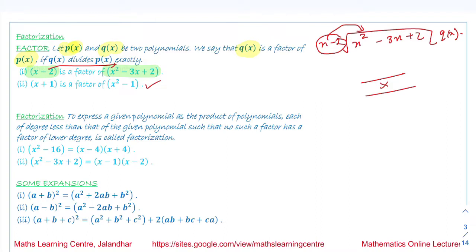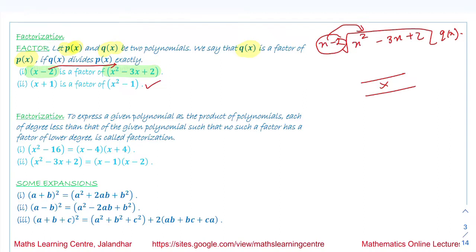Now the next thing we have is factorization. Expressing a given polynomial as a product of polynomials, each of degree less than the given polynomial, such that no such factor has a factor of lower degree, is called factorization.